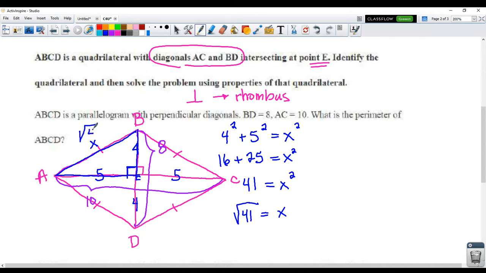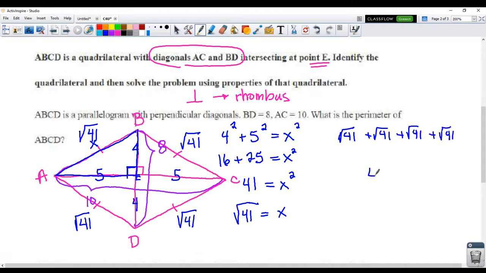Because it's a rhombus, if one of them is root 41, all of them are root 41. So if I add up all of my lengths, root 41 plus root 41 plus root 41 plus root 41, that is 4 root 41s as my perimeter.